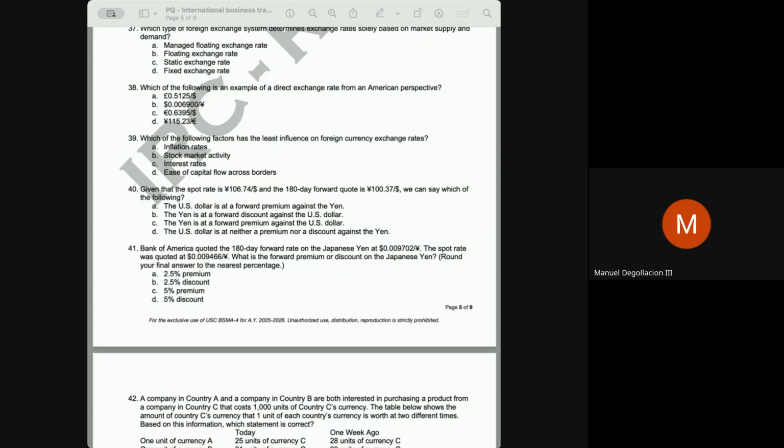So which of the choices tell us that? The answer in number 40 would be letter B. The yen is at a forward discount against the US dollar.